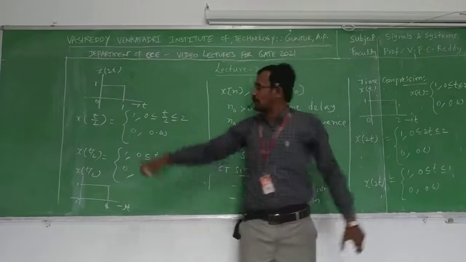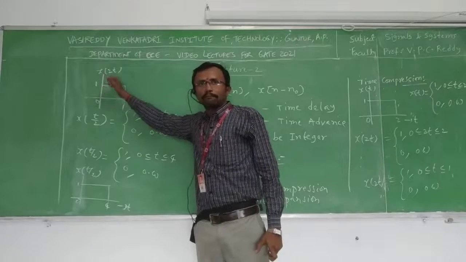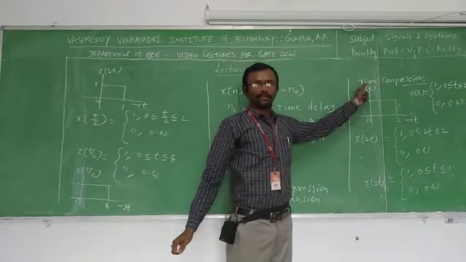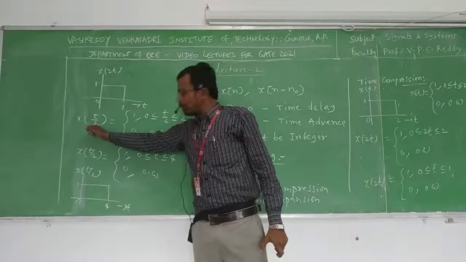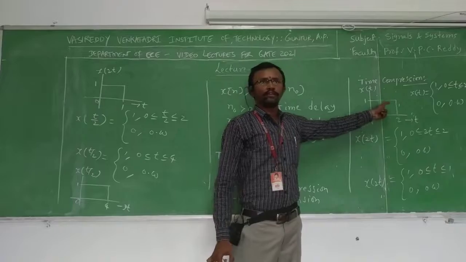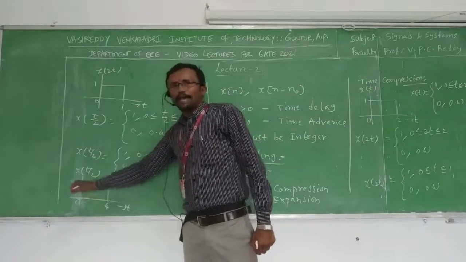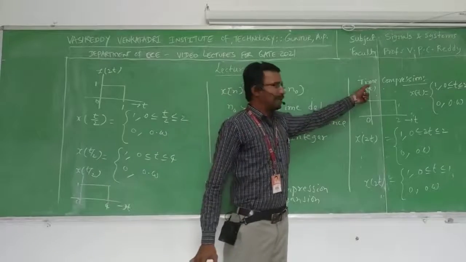If you observe, for the given signal x of t the duration is 2 units. What about x of 2t? Only 1 unit. That's why this is said to be the time compressed version of the given signal x of t. When you see x of t by 2, the duration is 4 units, while the given duration is only 2 units. Here the duration is expanded. That's why this is said to be the time expanded version of the given signal x of t.